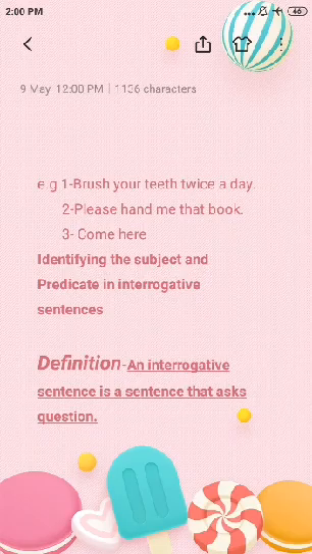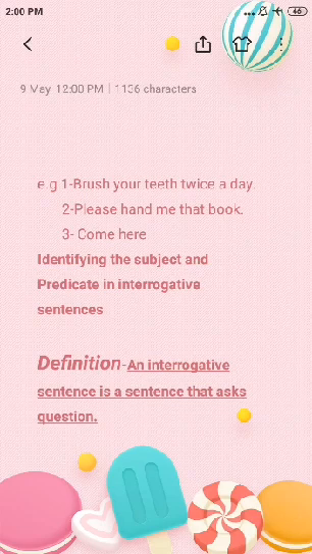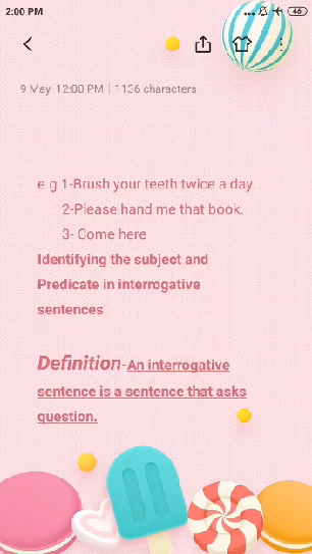So in imperative sentences, the subject you is not stated, it is implied. So here I can say you should brush your teeth twice a day. And the rest part is predicate here. That means brush your teeth twice a day is the predicate, and you is the subject.